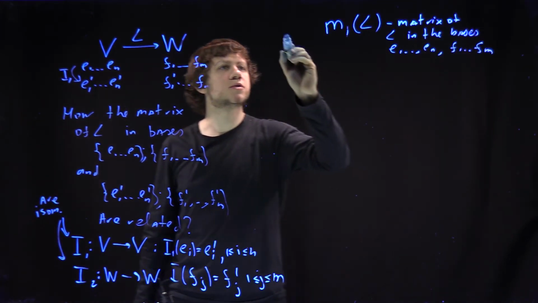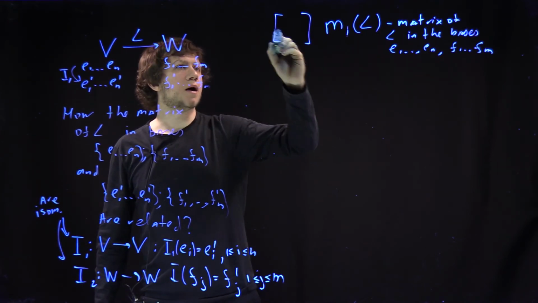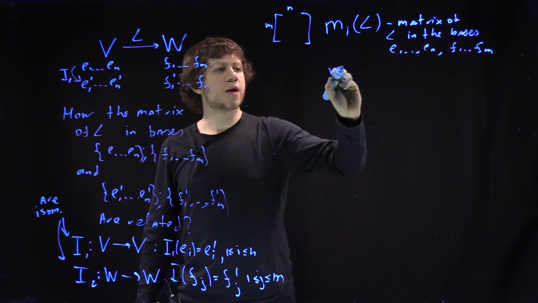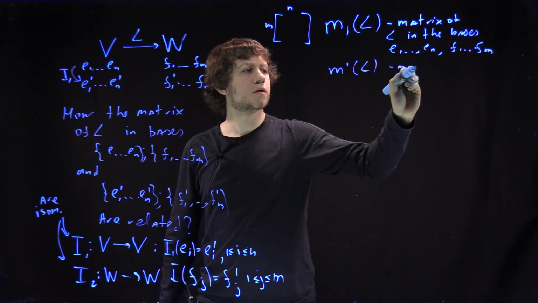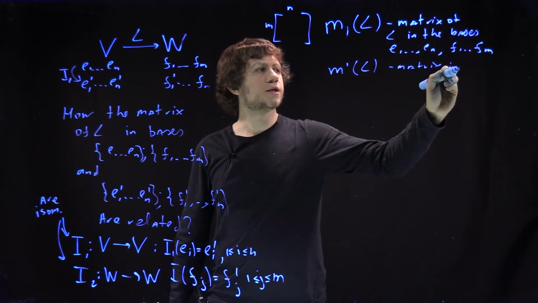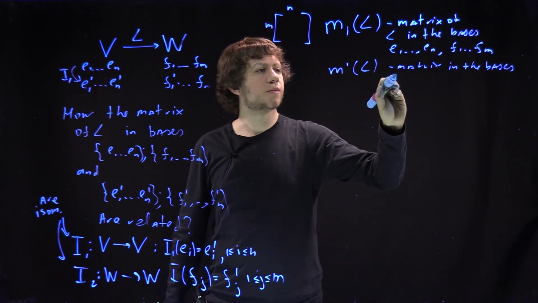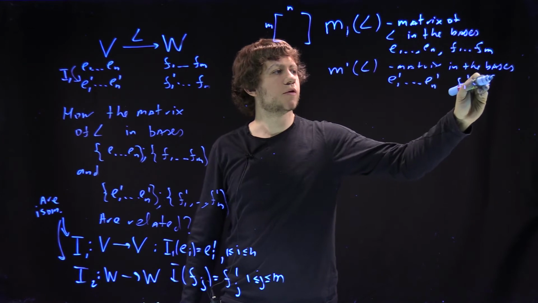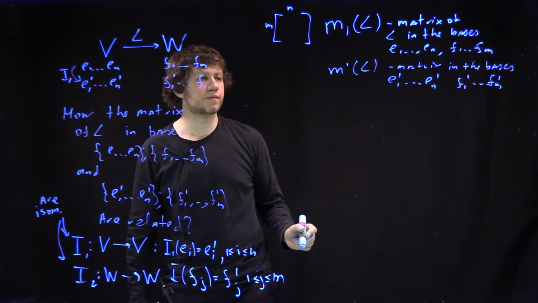Just to keep in mind, this is a matrix of size m by n. Let M prime of L be the similar matrix in the basis E1 prime, ..., En prime, F1 prime, ..., Fm prime. And we want to understand how these two guys are related.